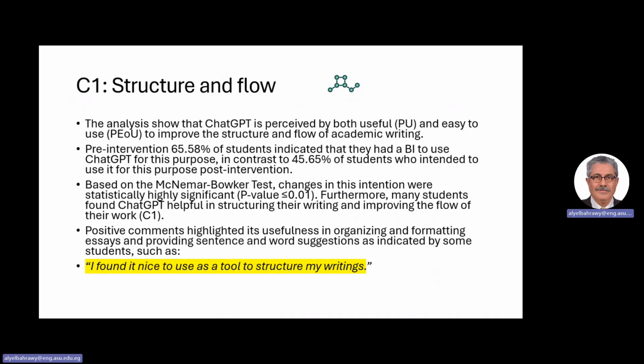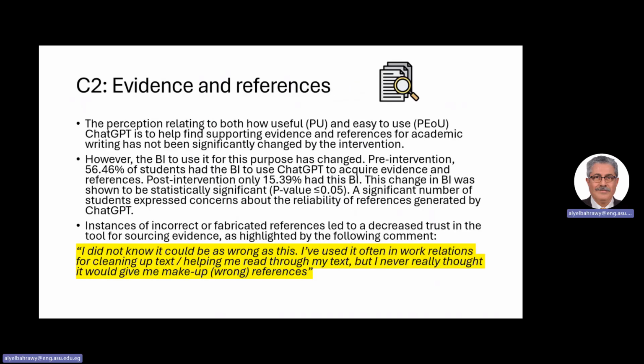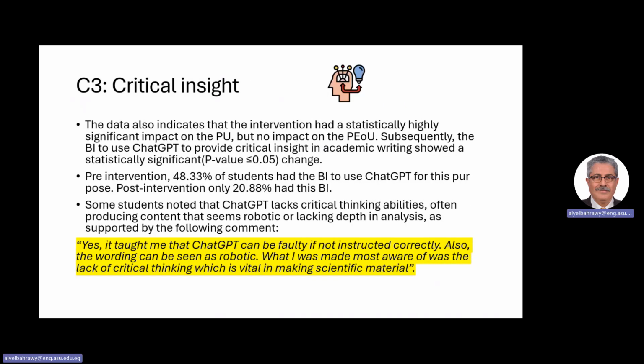I have used it often in work relations for cleaning up text, helping me read through my text, but I never really thought it would give me made-up or wrong references. For the critical insight, students say, yes, it taught me that ChatGPT can be faulty if not instructed correctly.